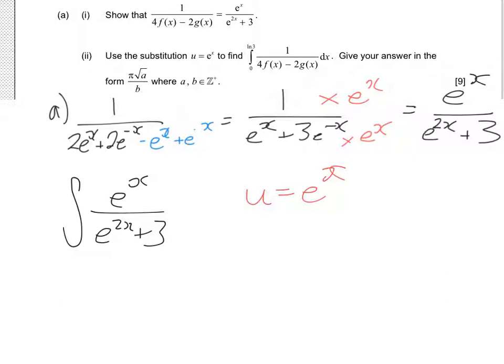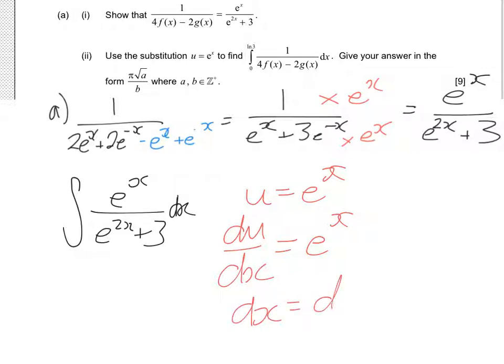If u equals e to the x, we can differentiate that. Just realised I missed the dx there. Differentiate u to give you du by dx is e to the x, or dx is equal to du over e to the x.